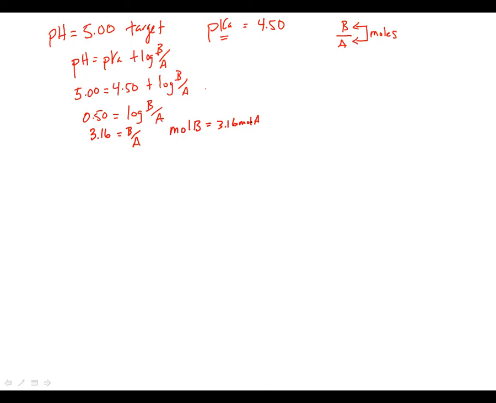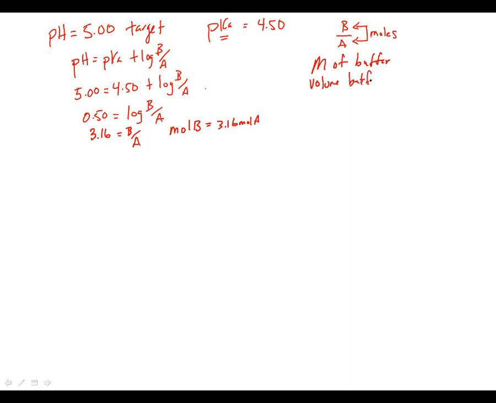Now, knowing our ratio of what we should have is important. So basically, we have 3.16 moles of acid for every mole of base. And the other thing that's really important when you make a buffer is the molarity of the buffer, and also the volume of the buffer.